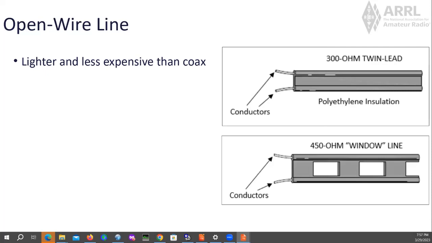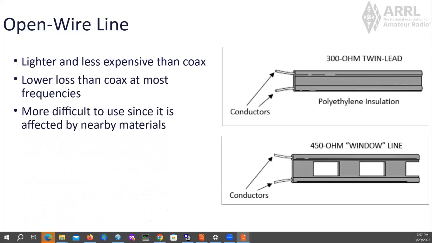Okay. Open wire line is lighter and less expensive than coax. Lower loss than coax at most frequencies. More difficult to use since it is not shielded and is affected by nearby materials. If you run it next to something metal, it will affect it.